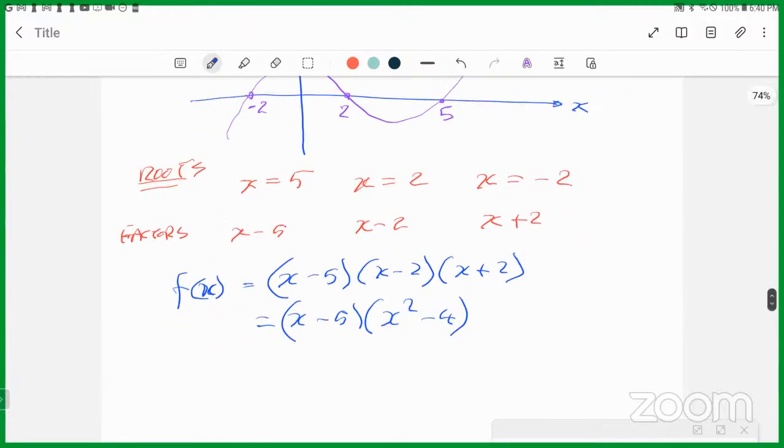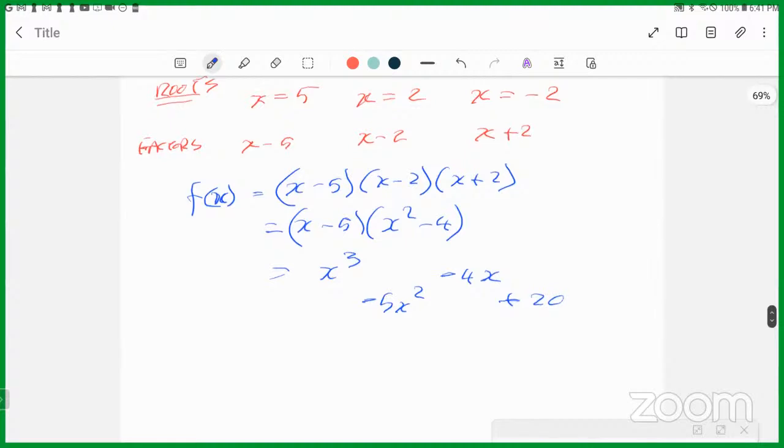Then x times each of these is x cubed minus 4x. Then minus 5 times each of these: minus 5 times x squared is minus 5x squared, and minus 5 times minus 4 is positive 20.